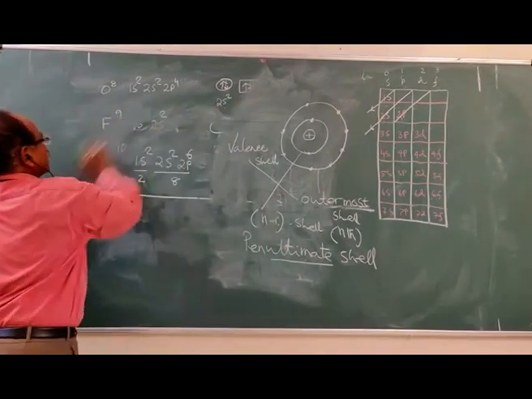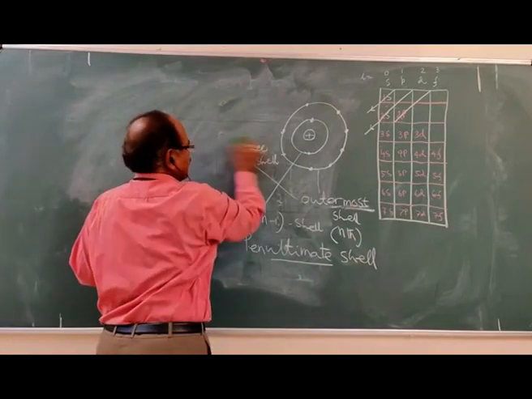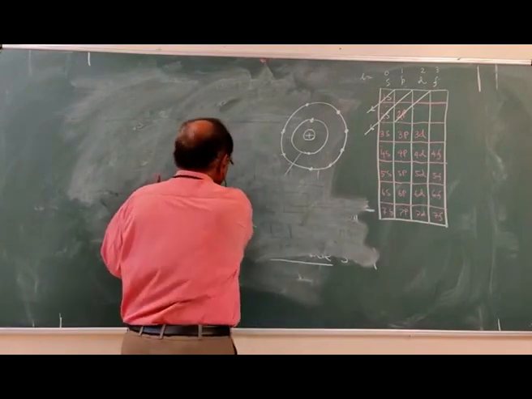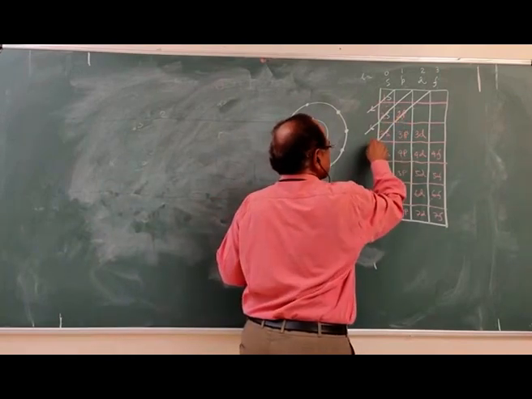Now we come to complete the third shell. The second shell, neon, is completed. Now, after 2p, the electron will go to 3s.